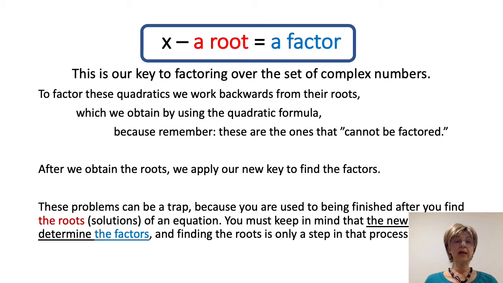These problems can be a trap because you are used to being finished after you find the roots, the solutions of an equation, when you're using the quadratic formula. You must keep in mind that the new purpose is to determine the factors, and finding the roots is only a step in that process. My head is definitely in the way.